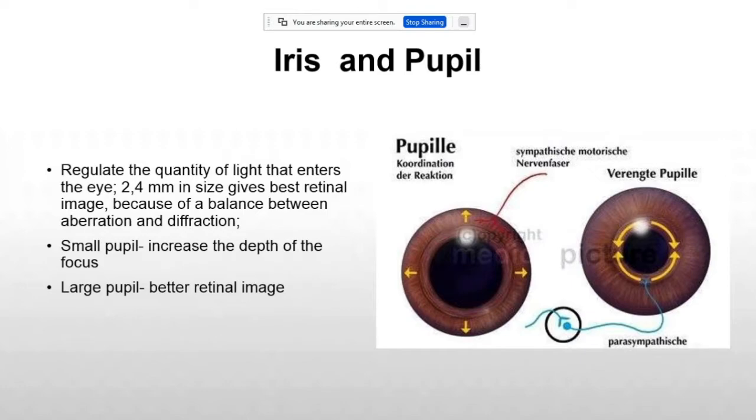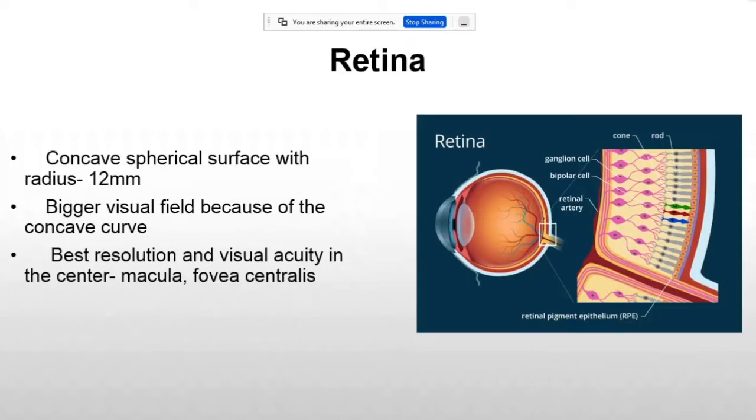So that's why when we have stress, we also can have dilation of the pupil. And when we accommodate, the pupil can also constrict, because both muscles, ciliary muscle and sphincter pupillae, have parasympathicus innervation.